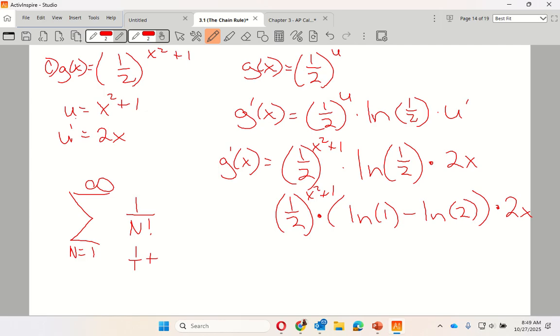And now, what number comes after 1? 2. 2 factorial is 2 times 1, which is 2. The next one would be 3 factorial, which is 3 times 2 times 1, which is 6. Next one is 4 factorial, which is 4 times 3 times 2 times 1, which is going to give me 24.